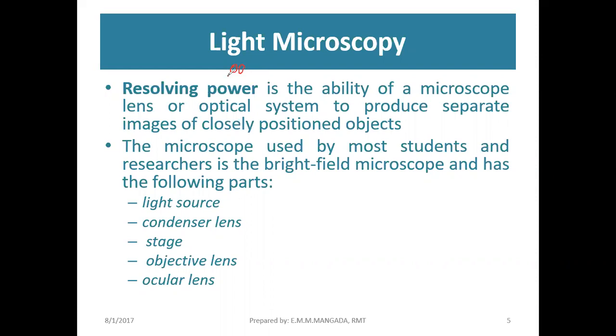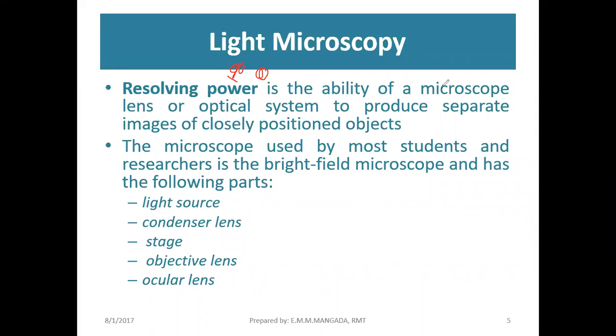So, kaya niyang ipakita sa'yo na kahit maliit sila, ma-appreciate mo that they are actually two separate objects, instead of seeing them as one object lang, kasi sobrang liit nga nung distance na kayang makita nung human eye natin.